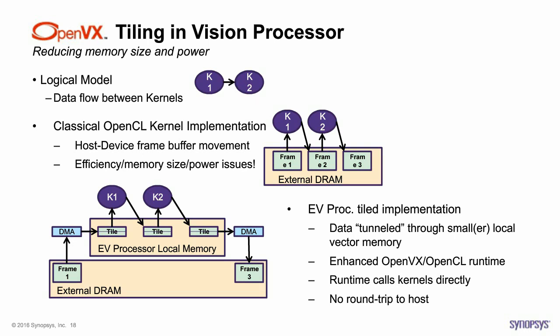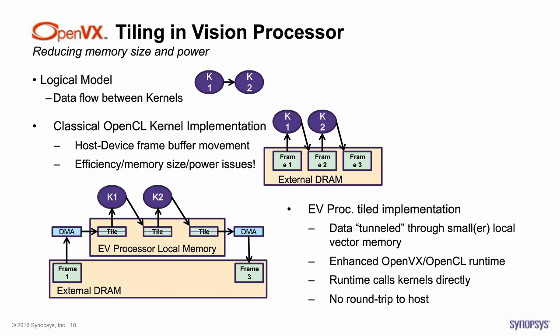There's the pre-processing to do grayscale conversion, image pyramid, and any other pre-processing or image enhancement that has to go on. And then the frame would be interrogated for whatever object or objects are being looked for, or scene segmentation, if that's what's being done. And then the information is passed back. So at a minimum, the frame is going to have to be fully read and saved two or three times. And that takes a lot of memory and a lot of memory bandwidth, which translates into power consumption.